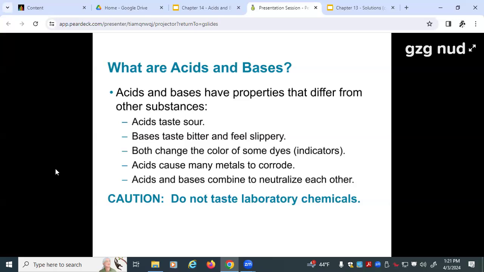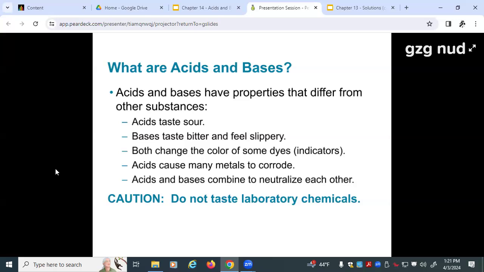Bases, on the other hand, have usually a slippery kind of feel to them, and a bitter taste. Where might you encounter those? Well, most common would be something like baking soda. Baking soda is a sodium bicarbonate solid, and if you taste that, it's going to have a bitter flavor to it because of its basic nature.